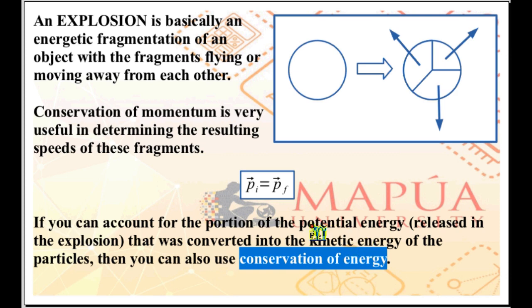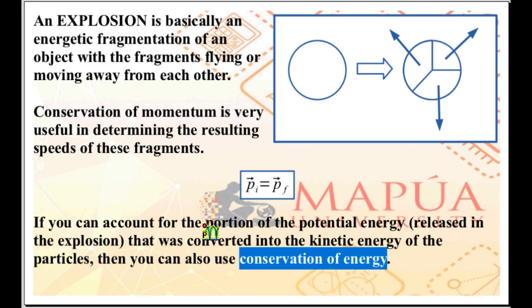We know that when there's an explosion, there's not only the conversion of potential energy into kinetic energy, there's also the production of sound, heat, and so on. So only a portion of the potential energy gets converted into kinetic energy of the fragments or particles.